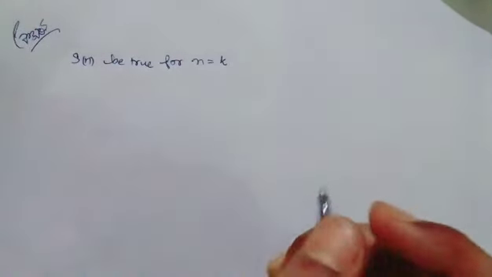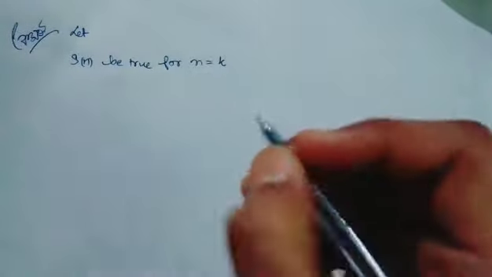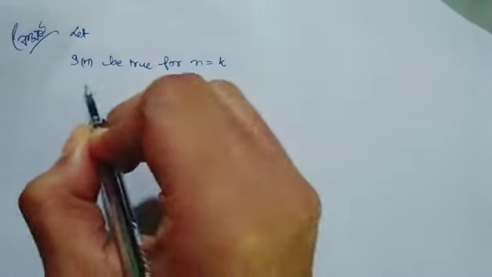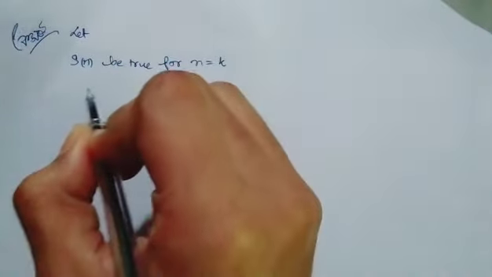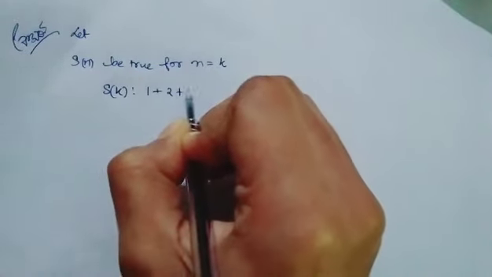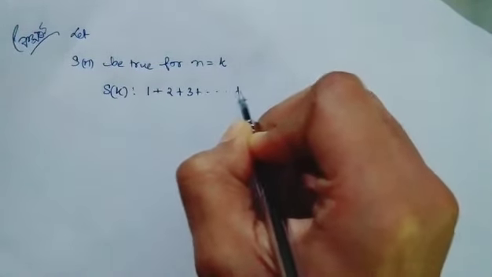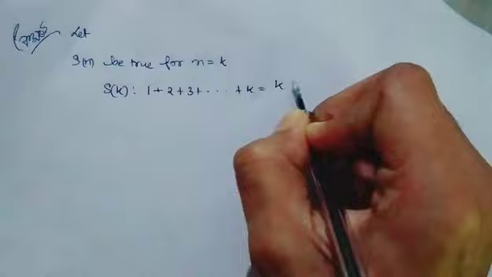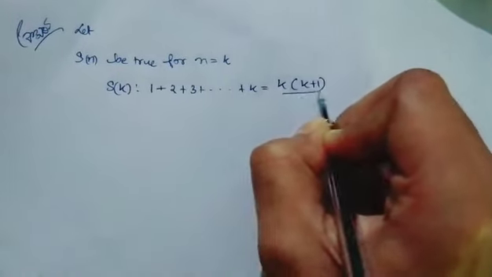Now we will consider the second property, which was: let Sn be true for n is equal to k. So if we consider that Sn is true for n is equal to k, then we can write that Sk is equal to 1 plus 2 plus 3 plus dot dot dot up to k gives k into k plus 1 divided by 2.